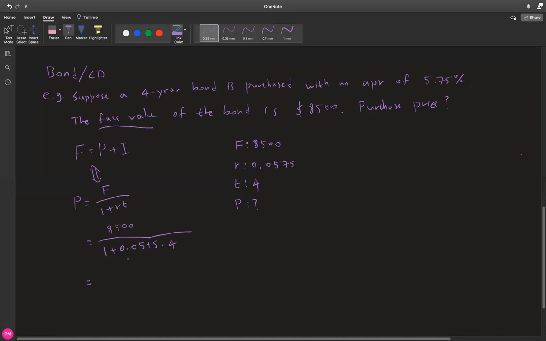So plug this in the calculator, and you will actually end up with $6,910.57. So that is the initial amount of the bond. In other words, this is how much you lend the agency that we're talking of here.